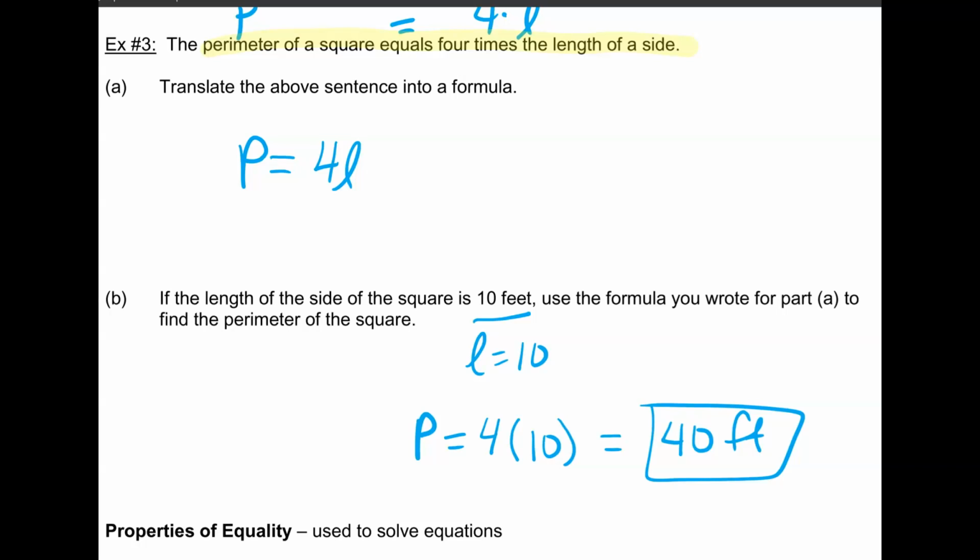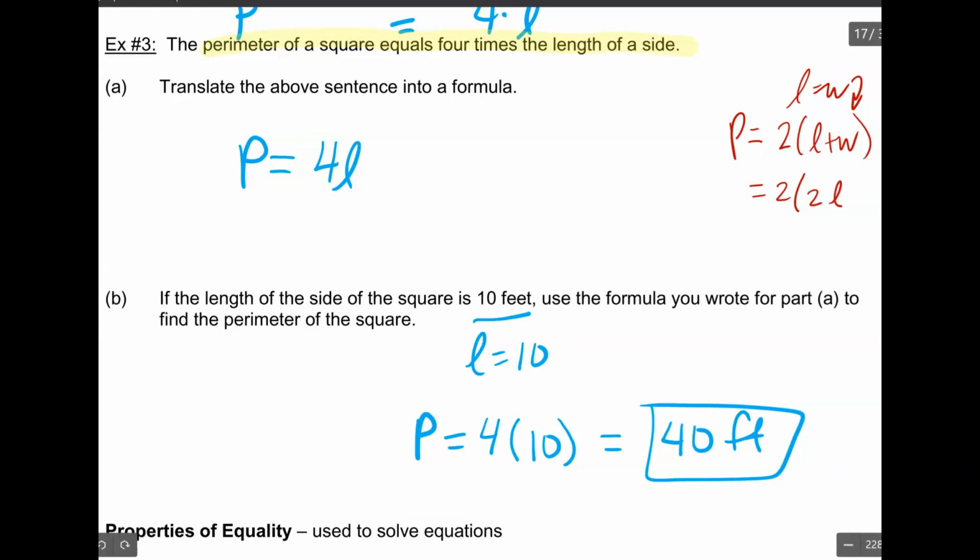Normally for perimeter, you say length times width, but in a square the length is equal to width. I'm sorry, that's area. Perimeter is 2 times length plus width. If your length and width are the same thing, in a square, which they are, each side is the same.